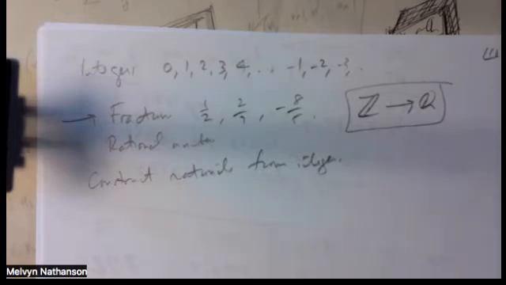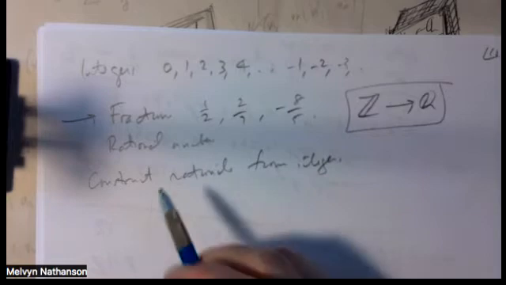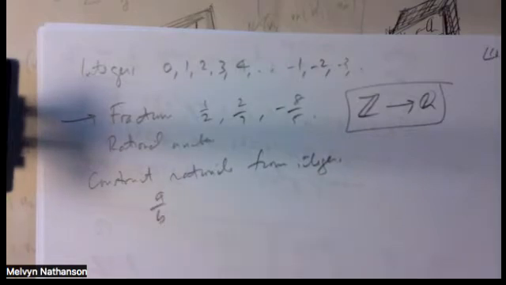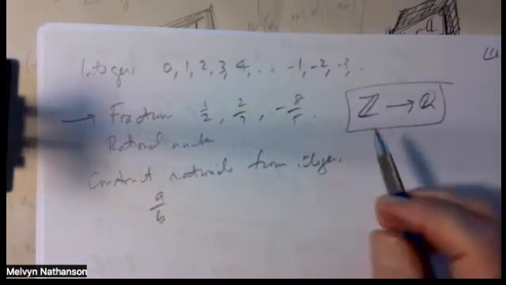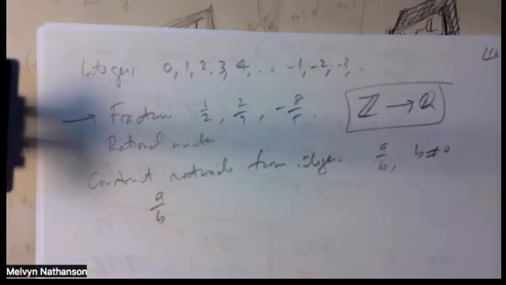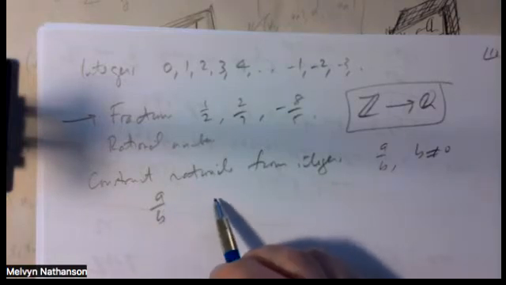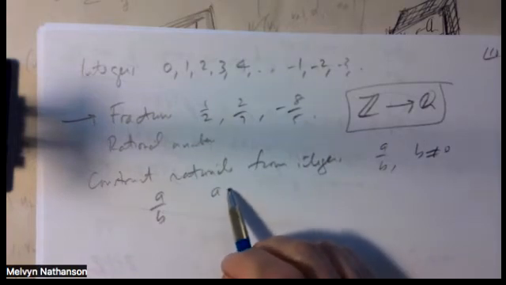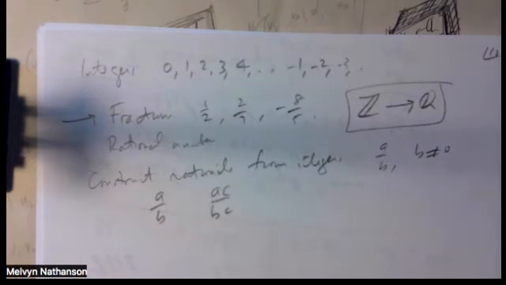Like you could say a rational number was something of the form a over b, where a and b are integers and the denominator is not 0. But then you also had something like maybe a over b, but what about ac over bc?